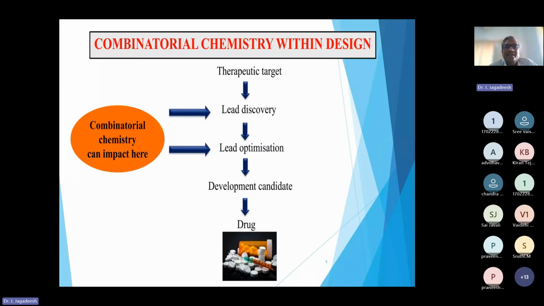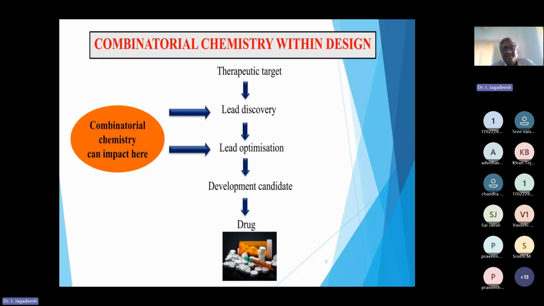Now we are going to see the workflow or flow diagram in combinatorial chemistry within the design. Most of the time, we are going to have multiple series of compounds with a similar functional group, and we run high throughput screening. We take the lead.